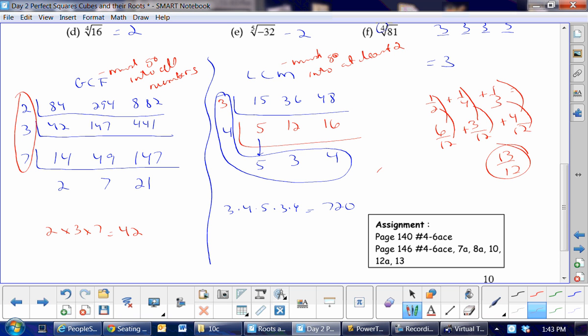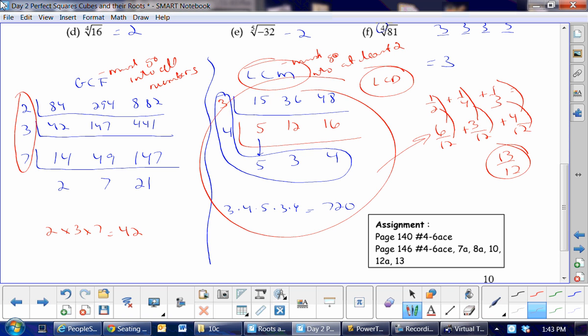So before you can do these, you need to know how to do this. And if I was adding 2/15 plus 7/36 plus 8/48, I got to find a lowest common multiple before I went and did that. So this is also called LCD, lowest common denominator, or lowest common multiple.